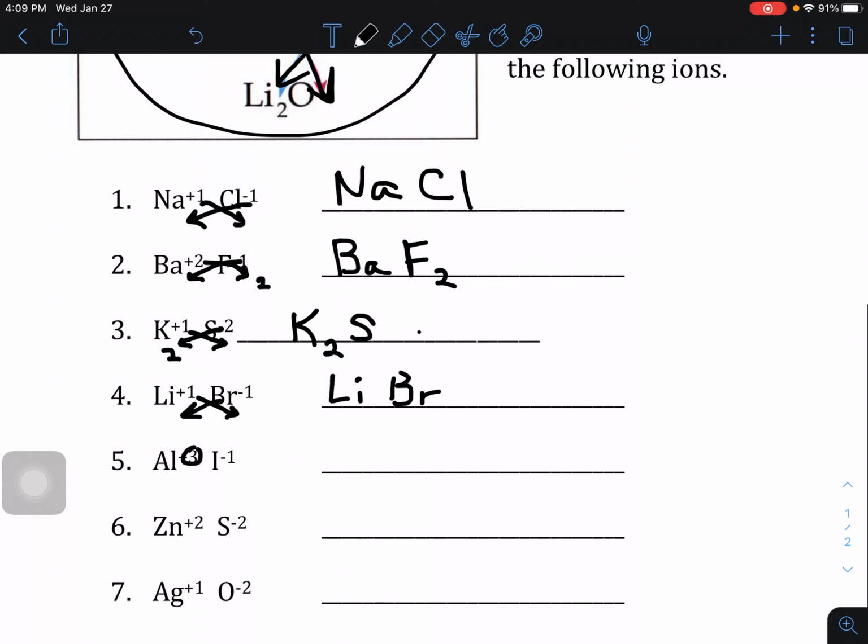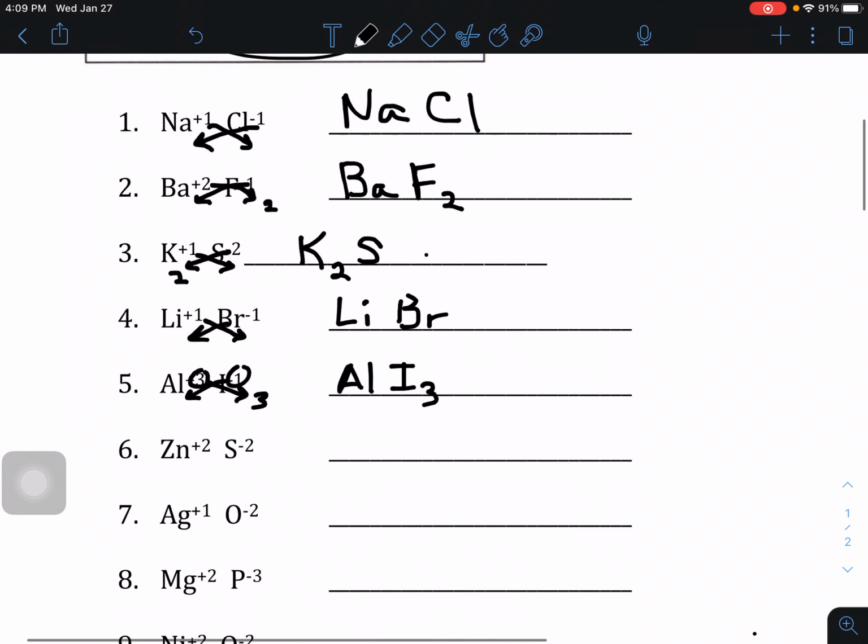We use the 3 and bring it down as a subscript, and iodine, we bring the 1 as a subscript, but we don't write the number 1. It's understood, so we have AlI3, subscript 3.